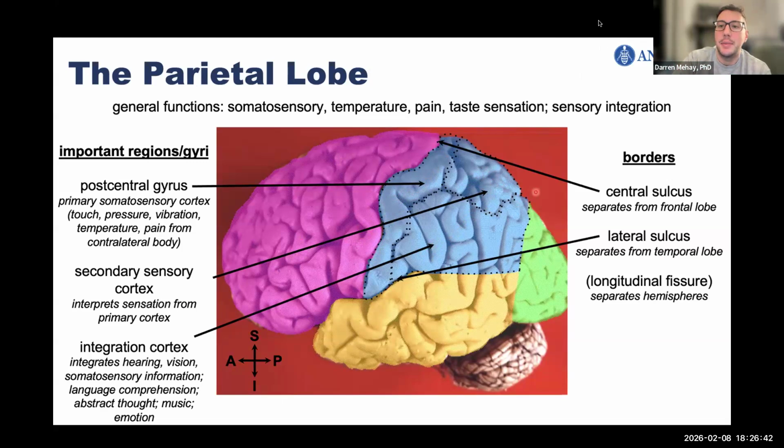The borders are the central sulcus, between the primary postcentral and precentral gyrus, and the lateral sulcus, separating the parietal from the temporal lobe, and the longitudinal fissure, which separates the hemispheres and which we cannot see here.